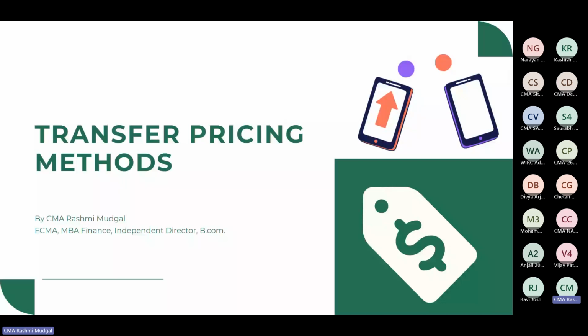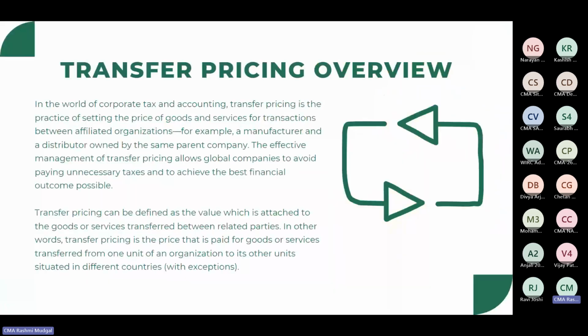Now we are going for transfer pricing, and we are covering the costing part today because we are going to cover the costing sessions in this webinar. So we are not touching the tax part, but we are taking care of the transfer pricing methods. Firstly, this consists of the meaning of transfer pricing: what exactly transfer pricing is and why it is needed.